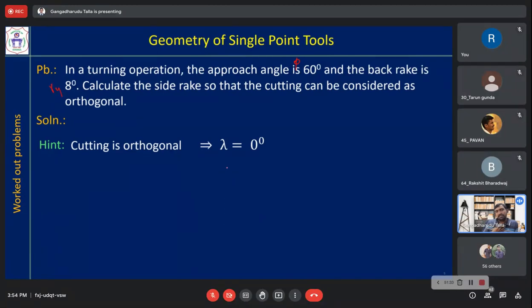And ORS will be equal to NRS if lambda equal to 0. Okay, not ASA. Don't get confused. Lambda equal to 0 means cutting is orthogonal.